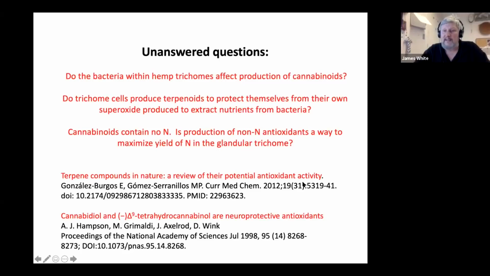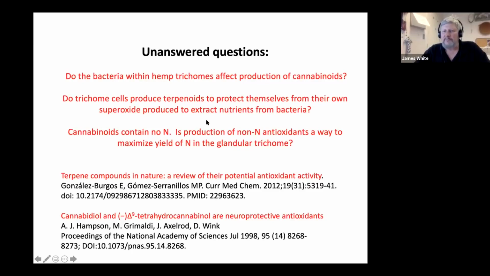But there's a lot of data that says that THC and similar cannabinoids or other terpenoids inside hairs are potent antioxidants. And in fact, they are rare antioxidants in that they don't have nitrogen in their structure. So this is a kind of antioxidant that does not have a nitrogen cost.